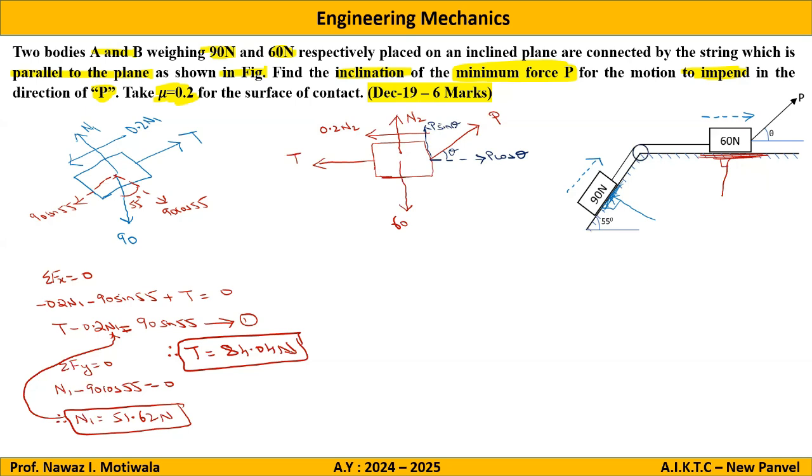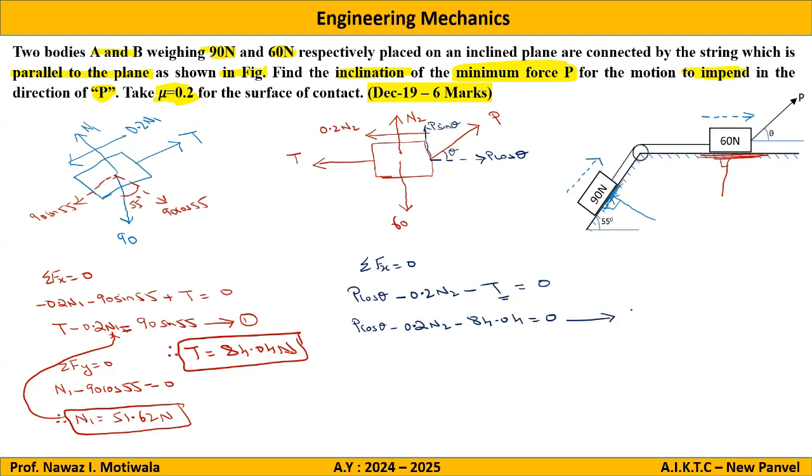Now, just applying the conditions of equilibrium, summation of Fx equal to 0. So I will get P cos theta minus 0.2 N2 minus T equal to 0. Here I already know the value of T, so I will substitute the value of T here, and I will get P cos theta minus 0.2 N2 minus 84.04 is equal to 0.